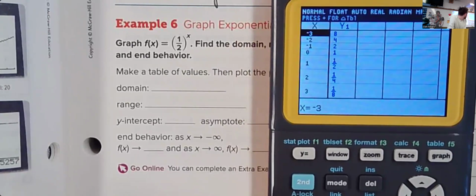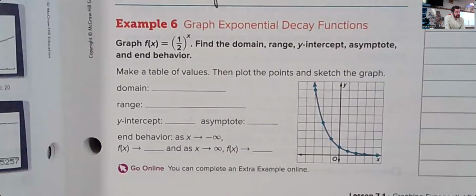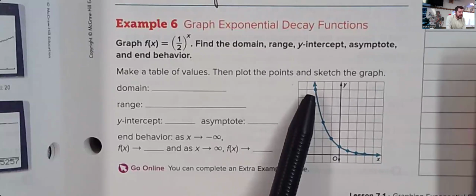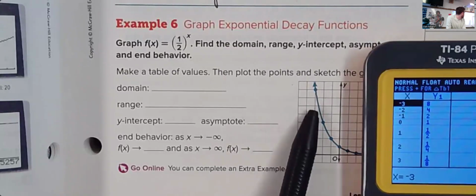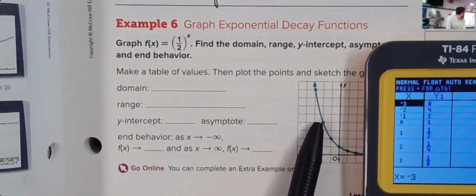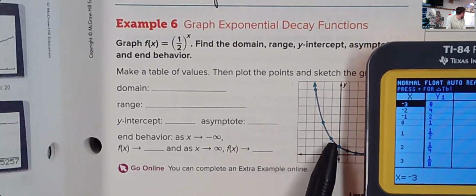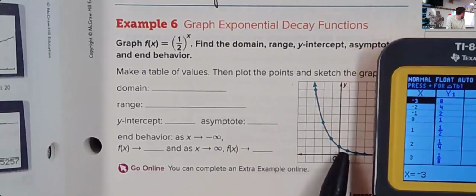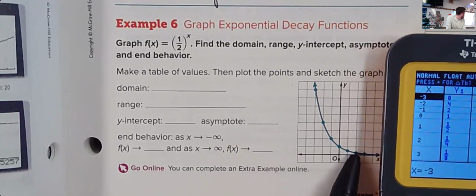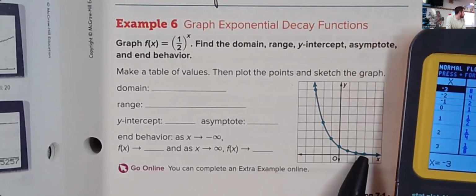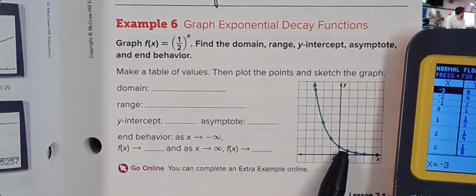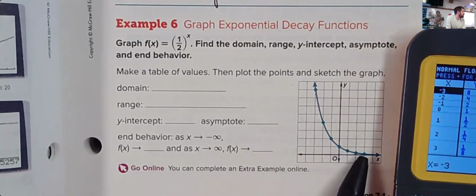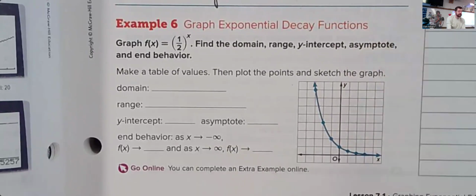So when x is -3, y is equal to 8. That's this point right here. When x is equal to -2, y is equal to 4. That's this one. When x is equal to -1, y is equal to 2. That's right there. We got 0, 1; 1, 1/2; 2, 1/4; 3, 1/8. Or if you want to do 0.5, 0.25, 0.125 in terms of the decimals. So graphing it, that's about how you get that.